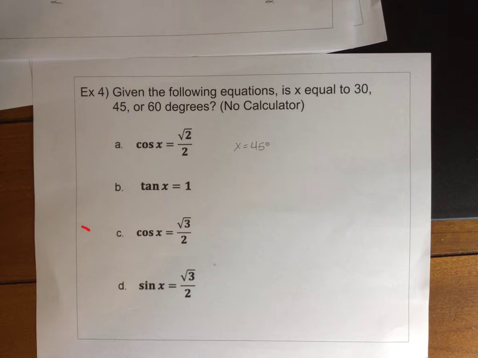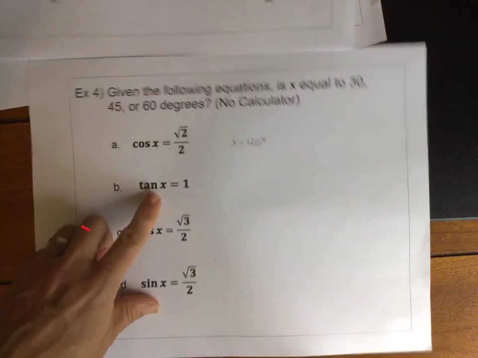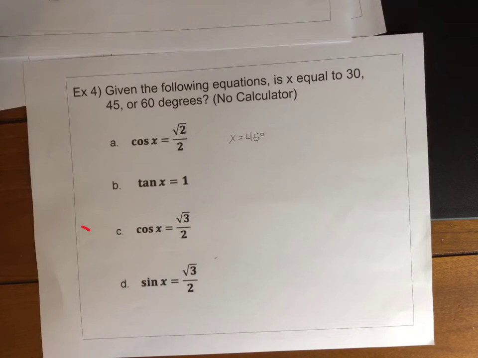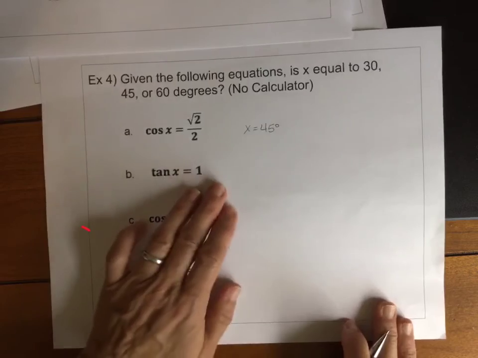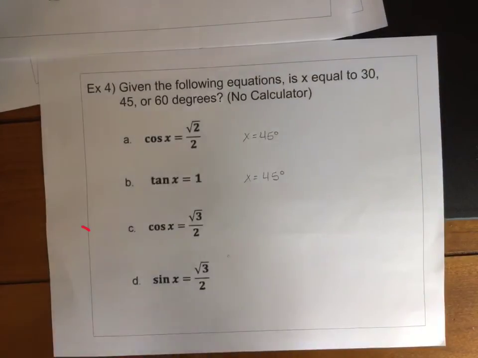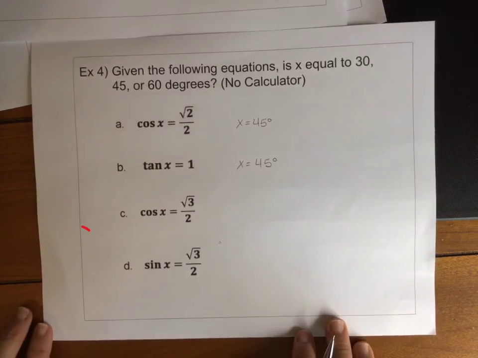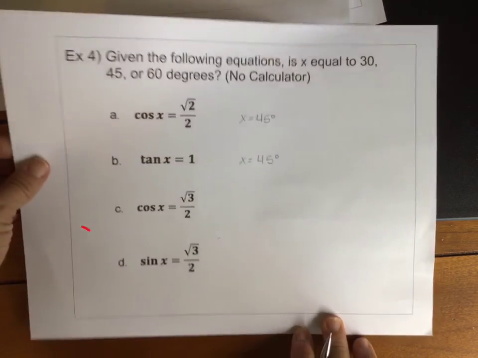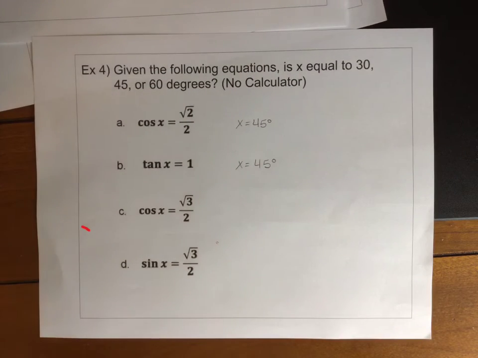All right, if you took a look back at your notes, tan of x is opposite over adjacent, so both of those sides have to be equal. So we also know in this case it must be 45 degrees. And then now if I look at these last two, the only time I got root 3 over 2 for any of my triangles was 30, 60, 90.